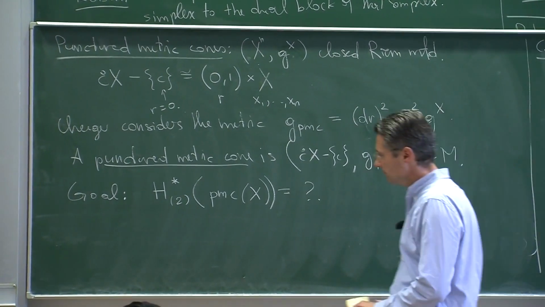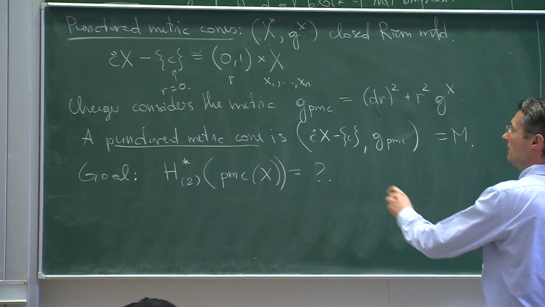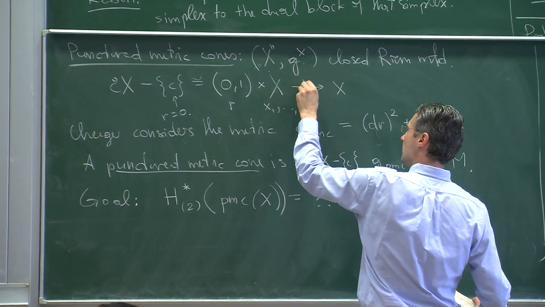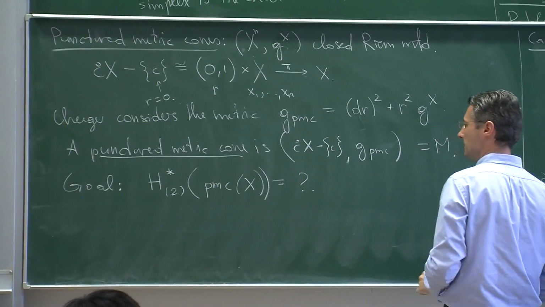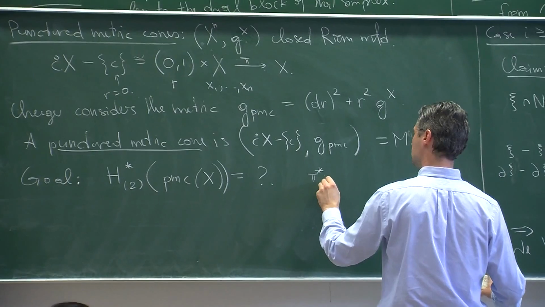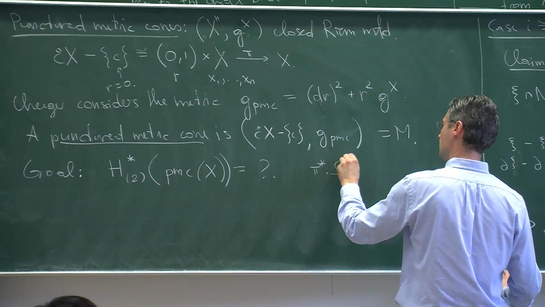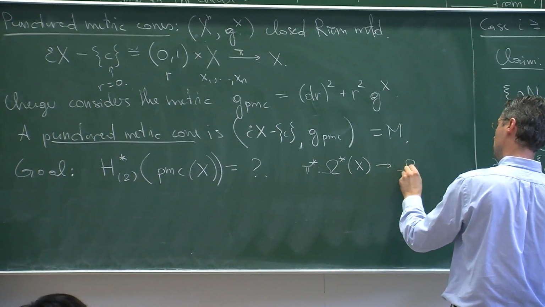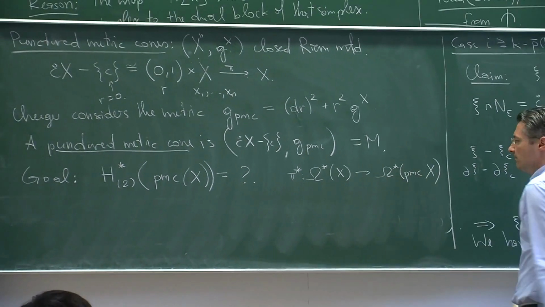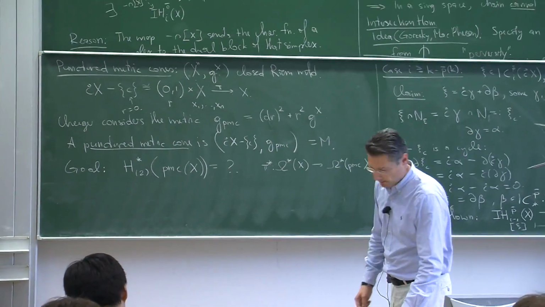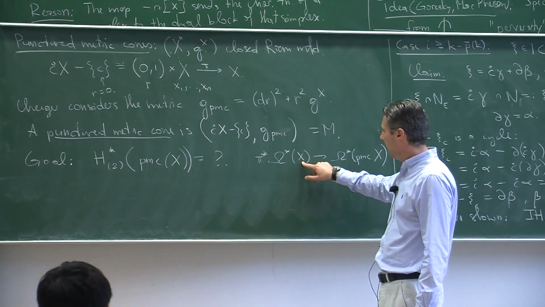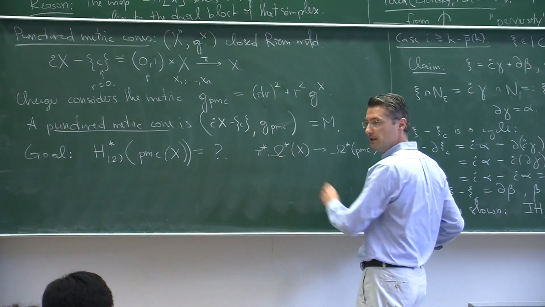But there is, of course, by the way, from this a projection to X, pi, and this induces a map on forms and you want to understand that map first. In other words, this space is compact, so I might as well write a 2 here.